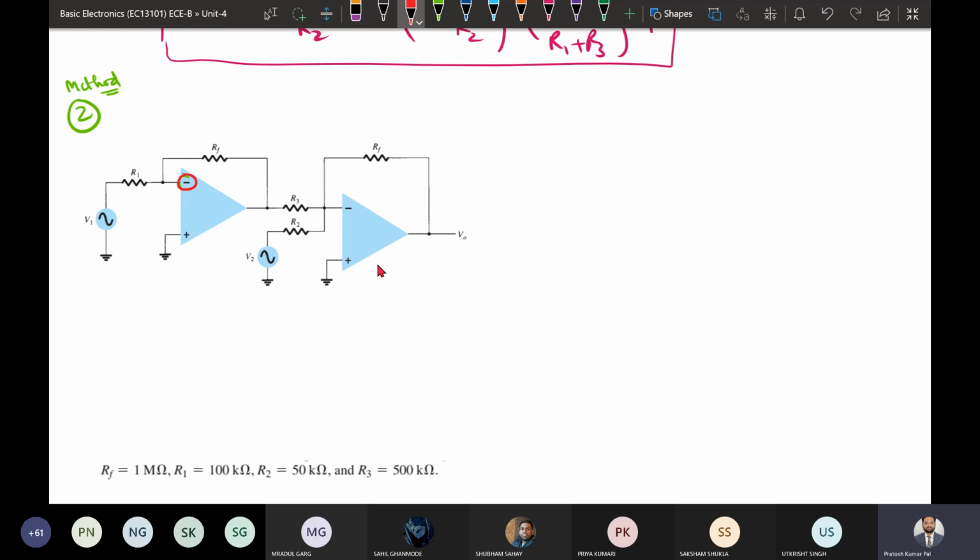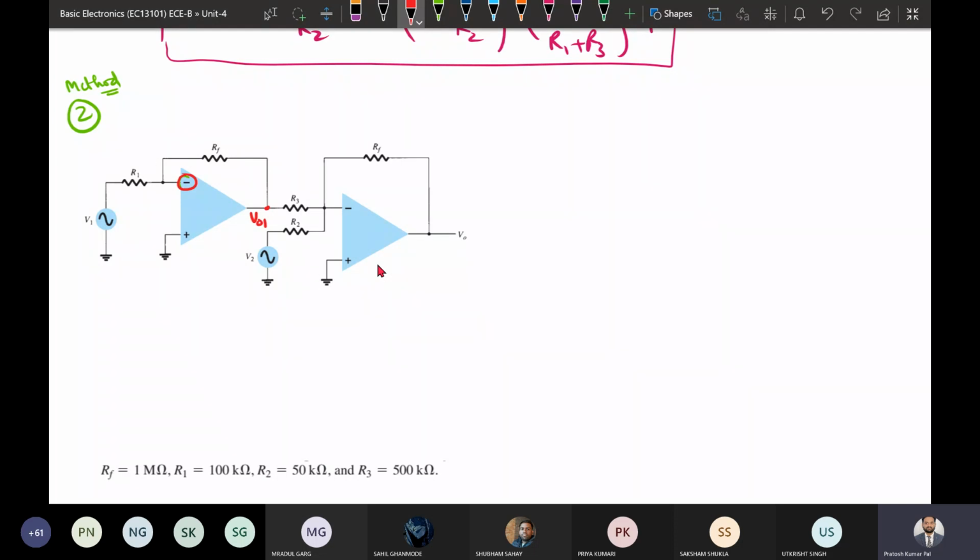So whatever input we have applied, with respect to that there will be an output. Suppose output 1 is there. In the second case, again we are applying the second input, and finally we are adding these two. Adding these two means whatever inverting output we get will be a negative value because it is inverting, so V output 1 will be negative.